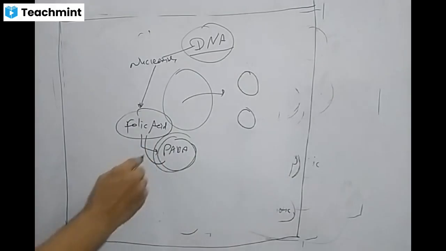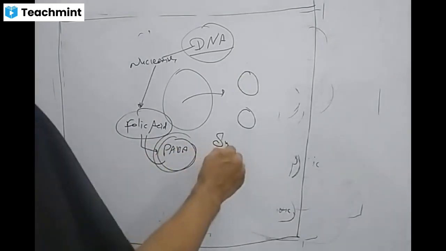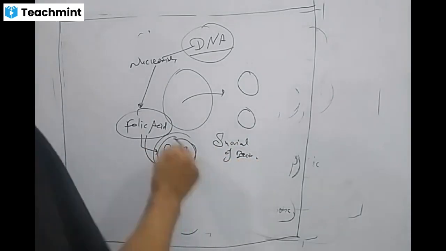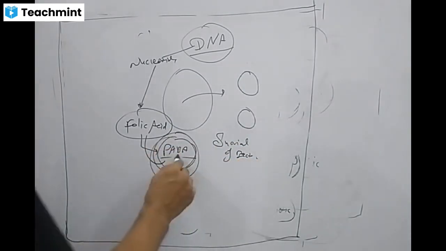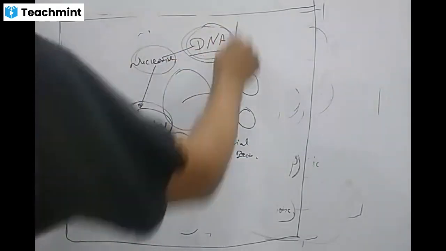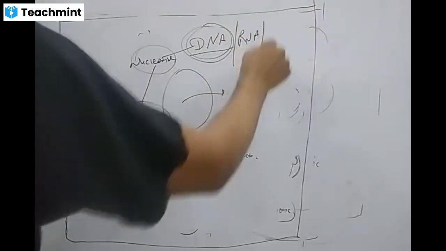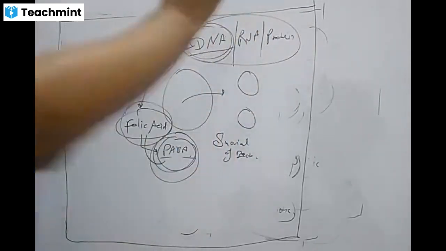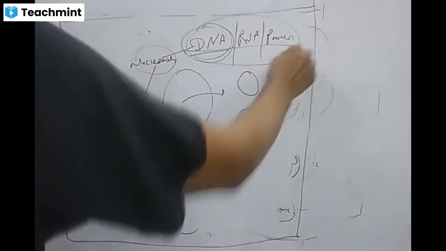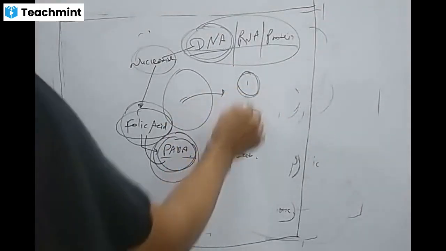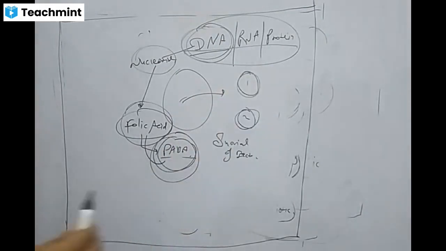This is the mechanism for the survival of bacteria, where they start with PABA, para-aminobenzoic acid, then synthesize folic acid, nucleotide, DNA, RNA or protein. These are the life molecules which are important for the division of the bacteria from one to two and also for the functioning of the cell.